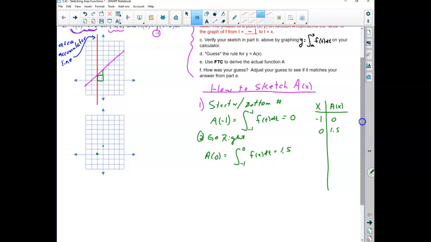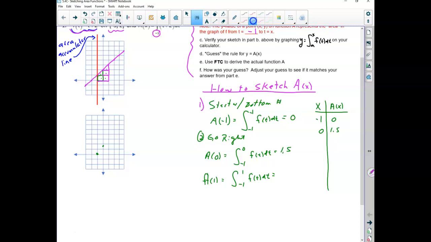And then what's the next one I'm going to do? Well, obviously, I'm going to find A of 1. Well, that's my integral from -1 to 1 of f of t dt. Now, please understand, this is going to be my total accumulated area. The easiest way to think about this is I'm just going to add the pink area I have here to the green area I had. So I'm going to add 2.5 more.